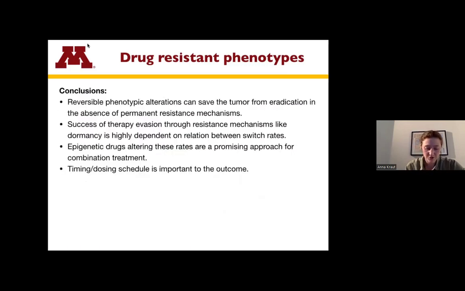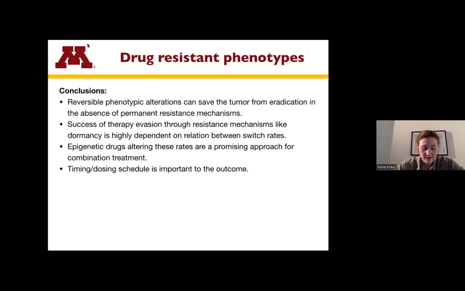So as a conclusion of this project, we can see that even reversible phenotypic alterations such as dormancy can save the tumor from eradication. So there doesn't necessarily have to be a permanent resistance mechanism such as a full-on genetic mutation of the cancer cells to avoid therapy.